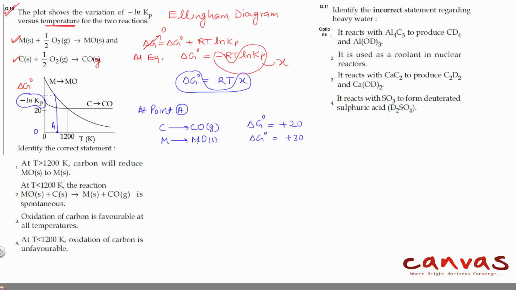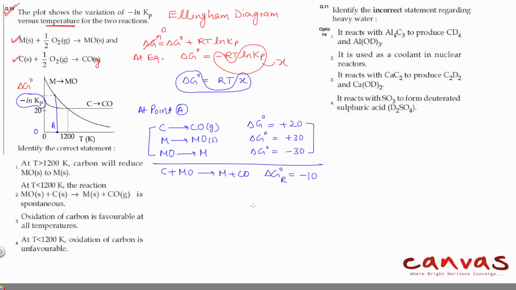Now if you reverse the second reaction, metal oxide to metal, delta G naught will become minus 30, and then you add the first and third step. So you get carbon plus metal oxide gives you metal plus carbon oxide, and delta G naught for the reaction is minus 10.